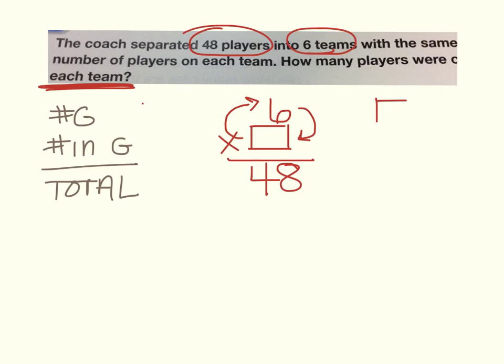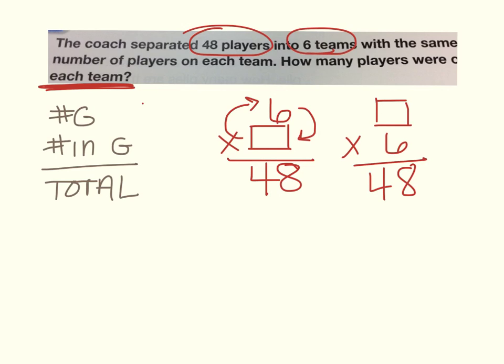So technically, I could say the number in each group times 6 groups equals 48. Now, you don't have to actually draw that step for me, but it just shows you how I can move them around because of the commutative property of multiplication.